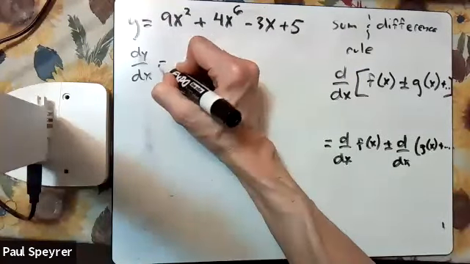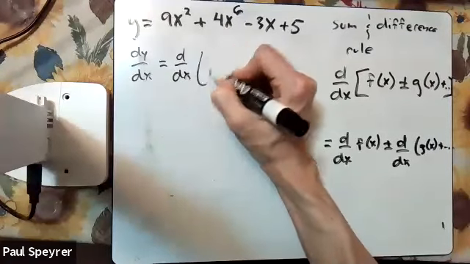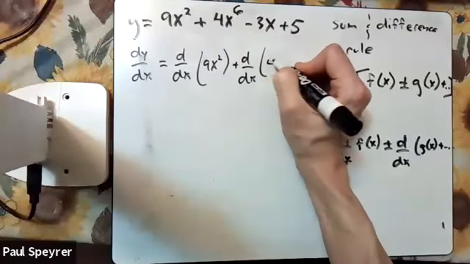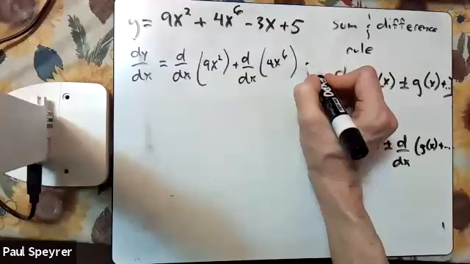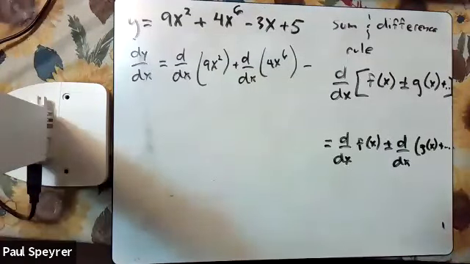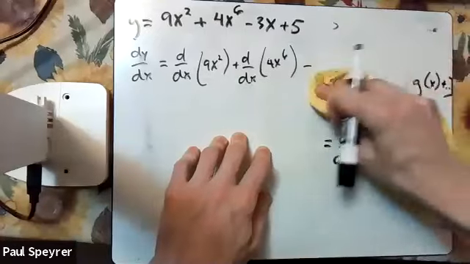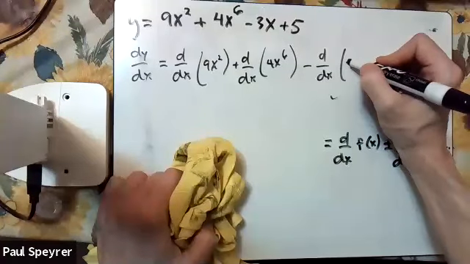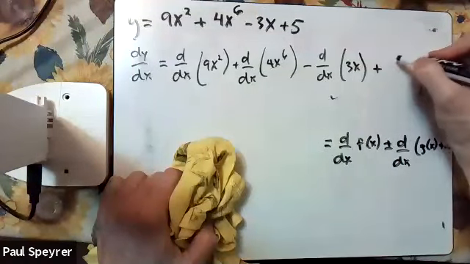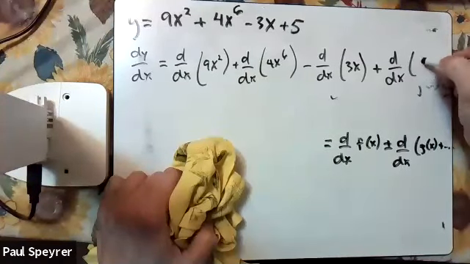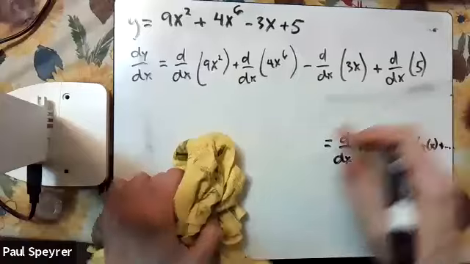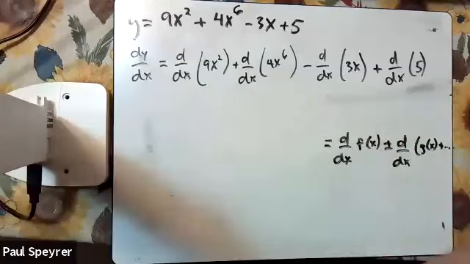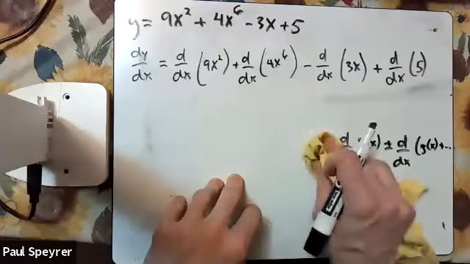There are 4 terms. Do you have to write out this d dx for every single piece? No, you could just say dy dx and then derive it straight through. That's completely fine.